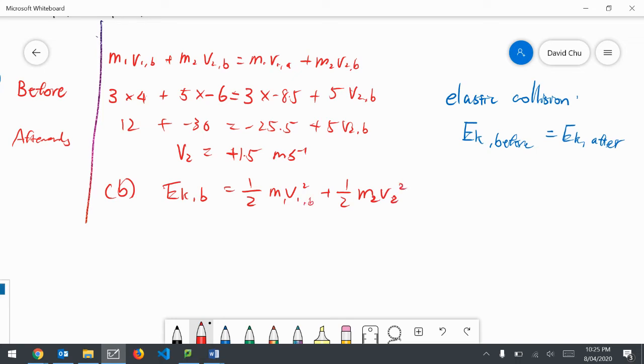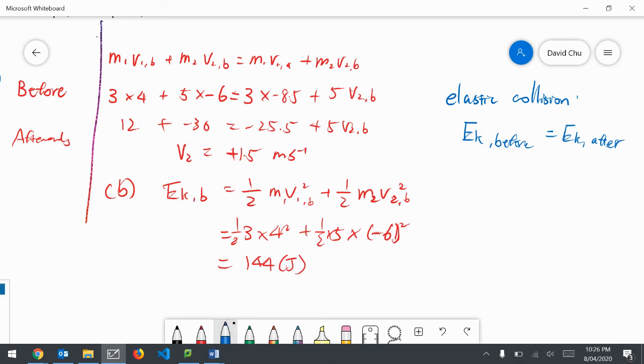This is before. So this is going to give us a half times 3 times 4 squared plus a half times 5 times minus 6 squared. And that will give you 144 joules.